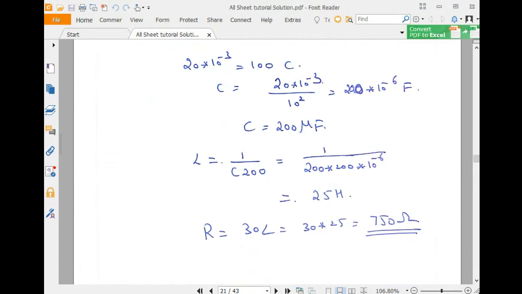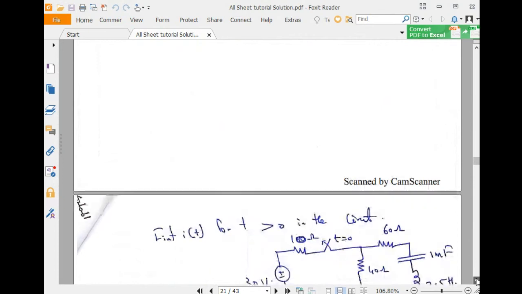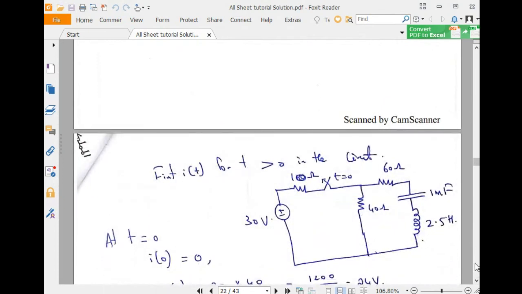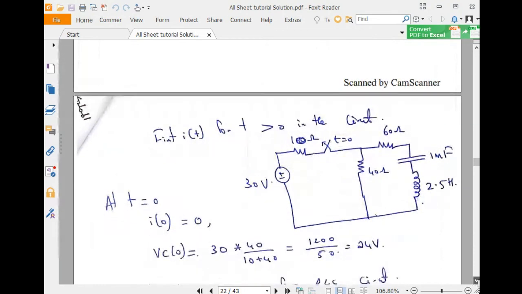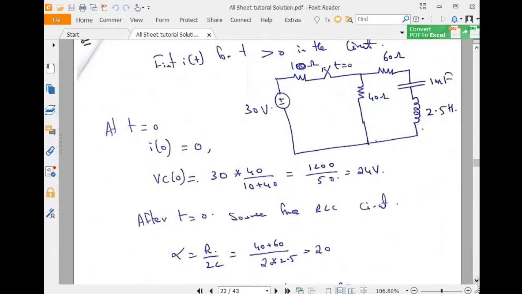Okay, thank you. Now we'll go for the next question. This is also simple. It seems the same circuit, but the procedure will be different because here the equation is not given. R, L, C are in series.